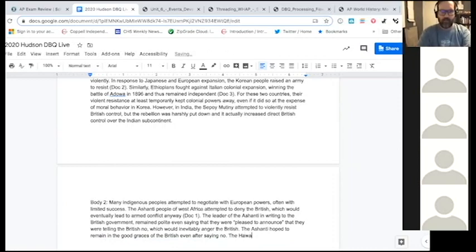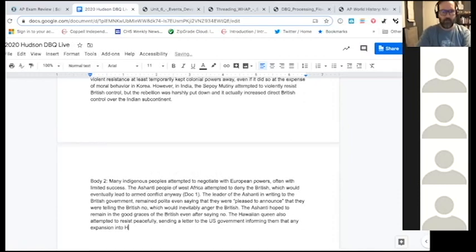The Hawaiian queen also attempted to just peacefully send a letter to the US government informing them that any expansion into Hawaii was illegal.